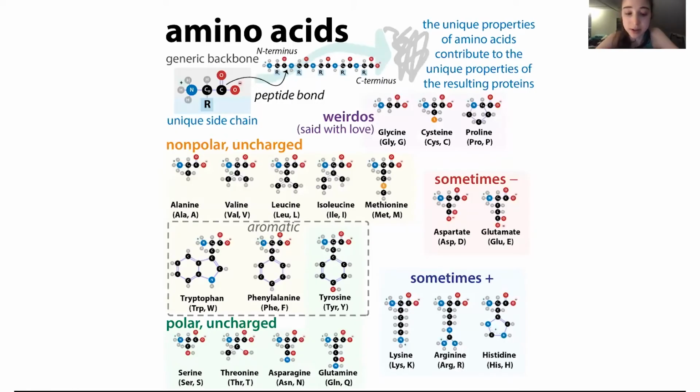So amino acids are really awesome, but it's all about right place, right time, right number, right letter, all of the various things that are going to come together to make the optimal protein. And if you mess with that stuff, then you can end up getting diseases. The way that you mess with this stuff is by having mutations in the DNA instructions, so in the genes that have the instructions for making the protein.